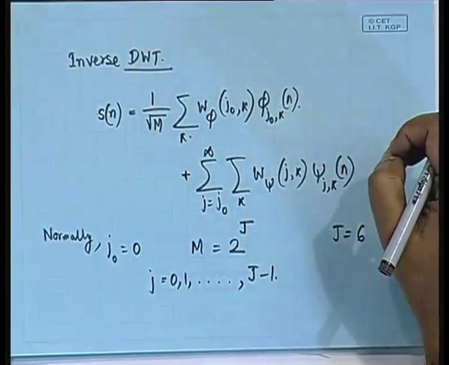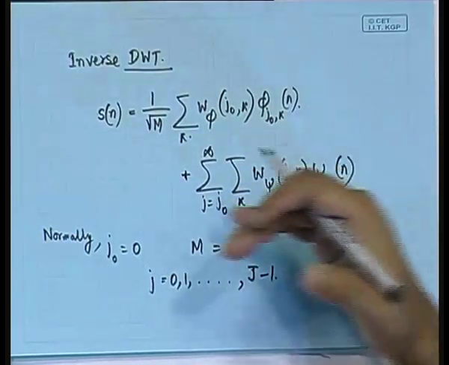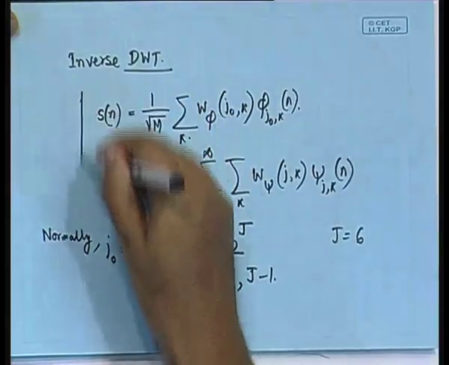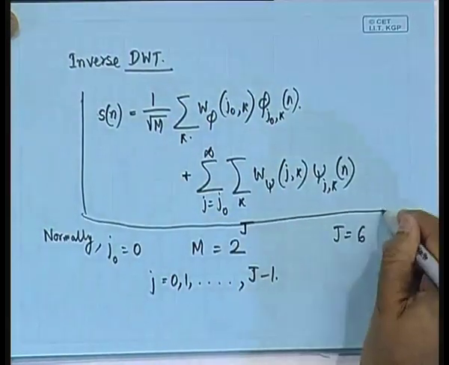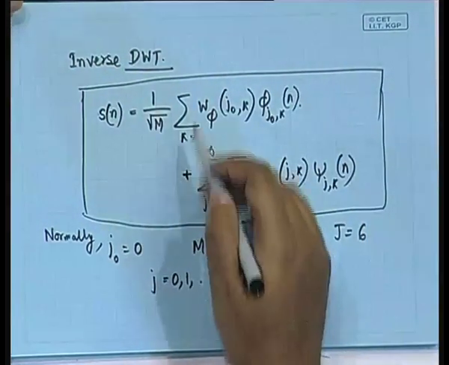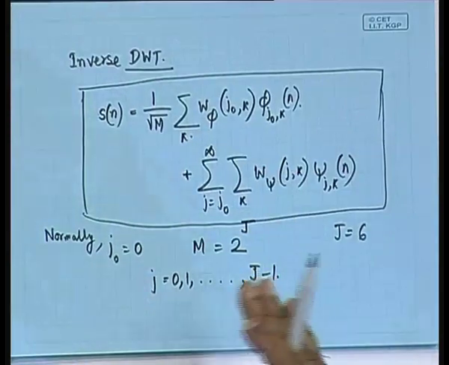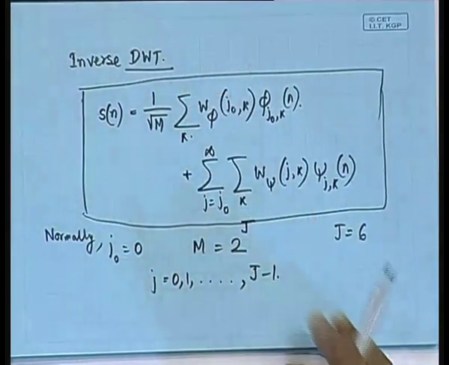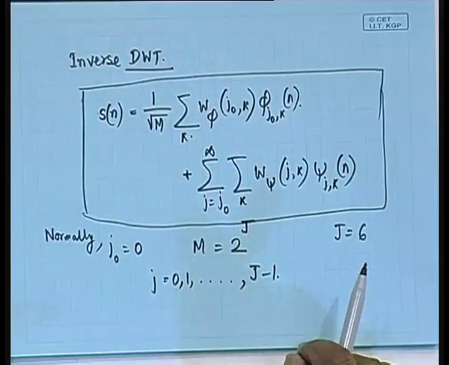So, although in the general expression the summation goes up to infinity, in practical cases this is not going up to infinity, this will be only up to the extent that you require.